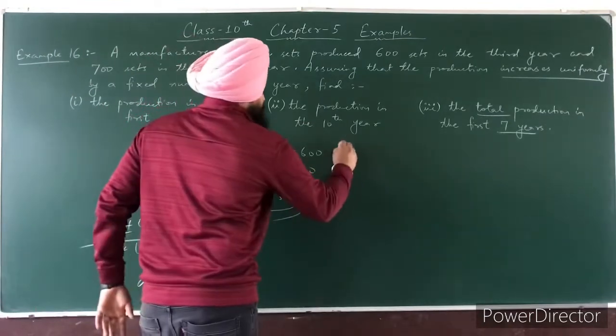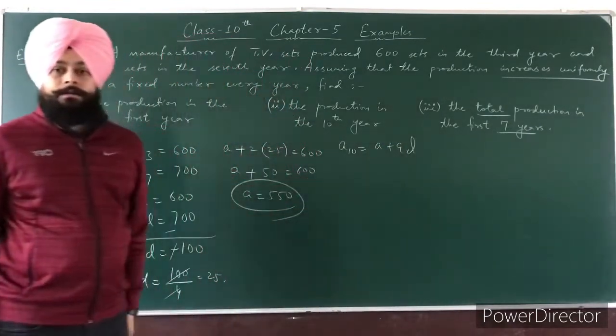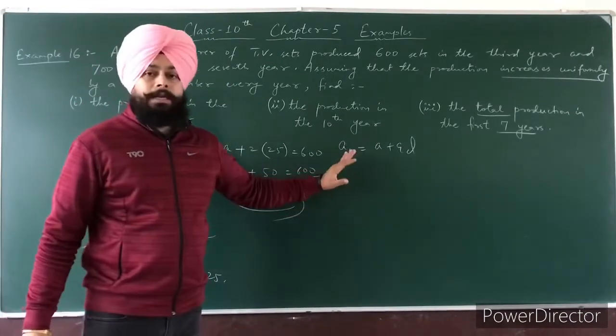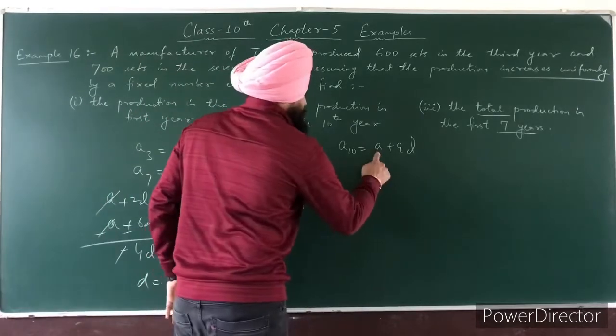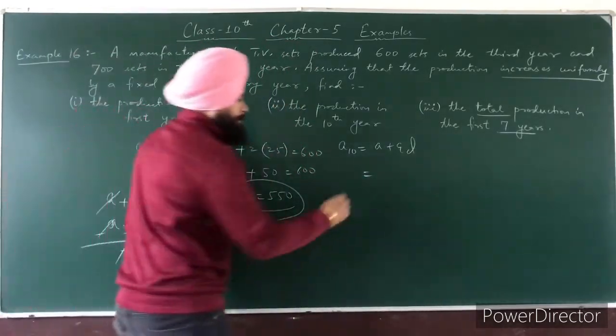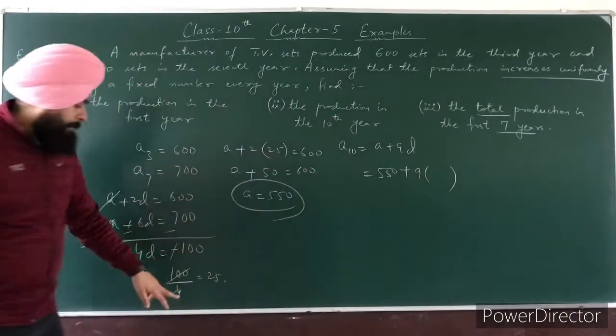So now find the production in the 10th year. So 10th year you will find here A10. Alright. So the formula of A10 is A plus 9D. So value of A is here 550 plus 9D. What is D? D is 25.